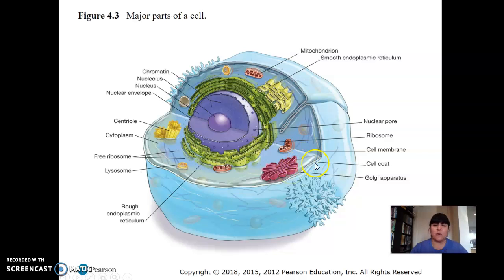So it could be used later or it could be shipped off. Ribosome, proteins for protein synthesis. Smooth endoplasmic reticulum, that has to do with storing calcium. That has to do with fat metabolism. Centrioles, those are protein filaments that has to do with movement, with cellular reproduction.